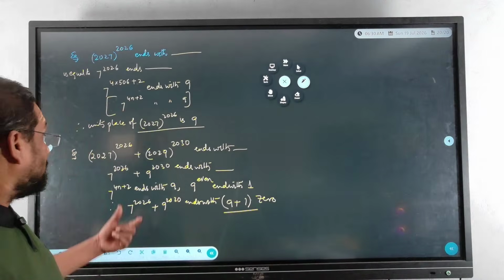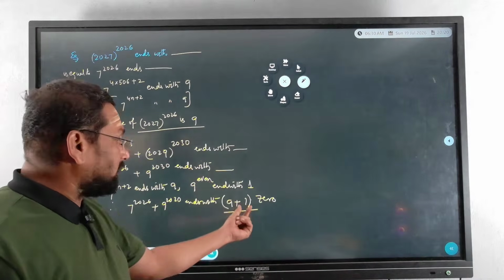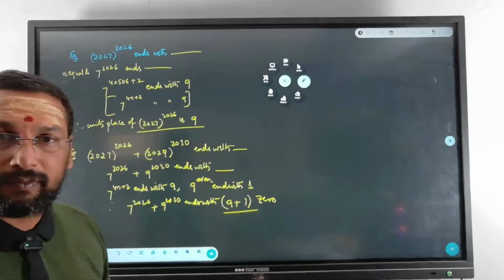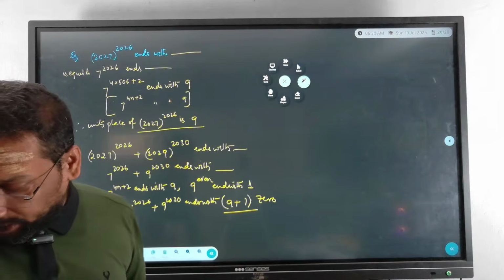Units place of the first part is 9, units place of the second part is 1, their sum is 10, so it ends with 0. Got it?